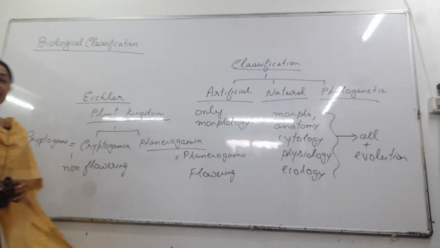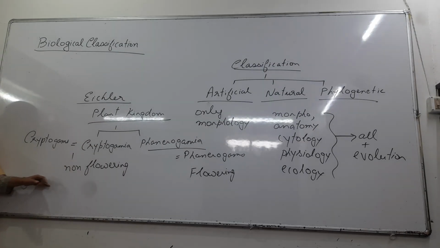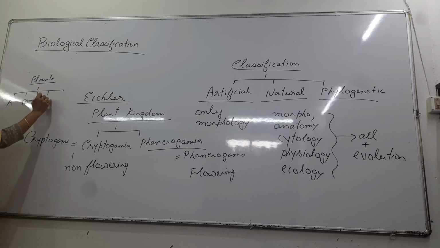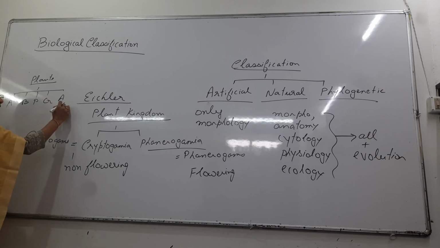flowering plants, right? Which are non flowering plants and which are flowering? We know that plants have been classified under 5 groups: algae, bryophytes, pteridophytes, gymnosperms and angiosperms. Out of this, which have flowers? Angiosperms have flowers, right? Give an example of a gymnosperm. Any one gymnosperm example: pine, Pinus, cycas.